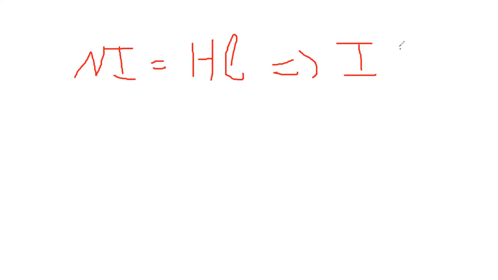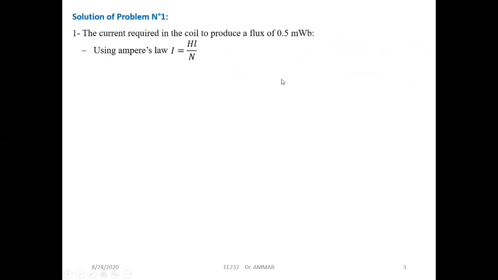So the current, according to Ampere's law, will be equal to HL over N. This is the expression for how we can find the current. So using Ampere's law, the current I equals HL over N.